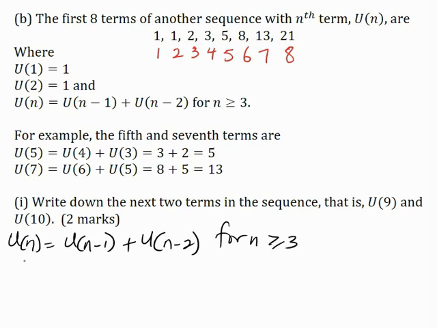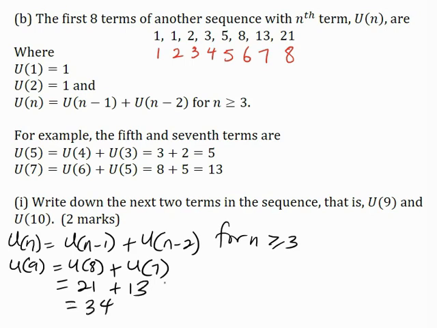So notice here that u of 9 is equal to u of 8 plus u of 7. And the 8th term here is 21, the 7th term is 13. So I'll just write here 21 plus 13, and this is equal to 34.